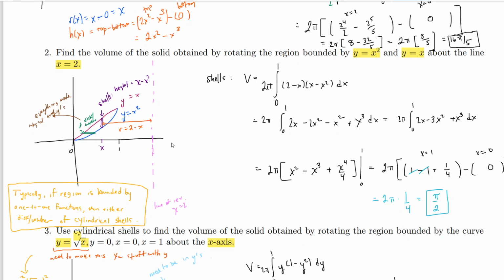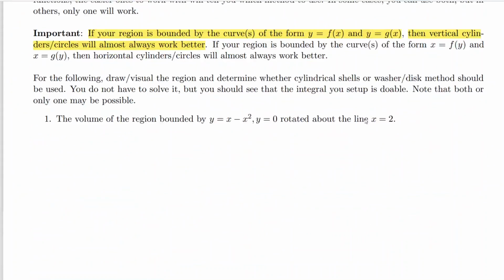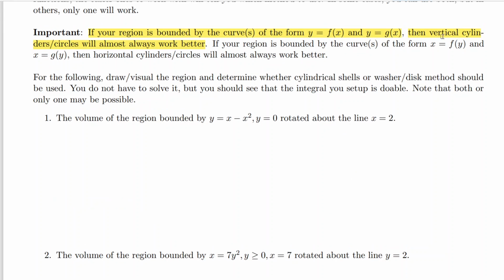And it's similar for the opposite situation. So if your region is bounded by curves of the form x equals, now keep in mind that when I say x equals these two things, you might only have one equation.